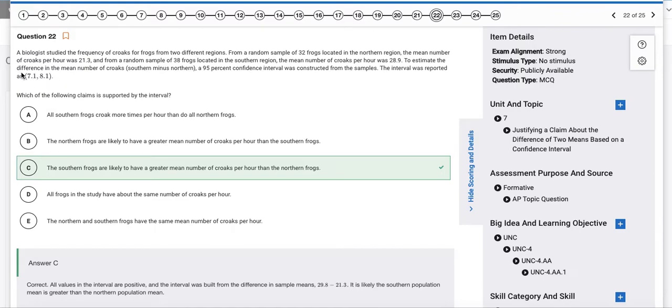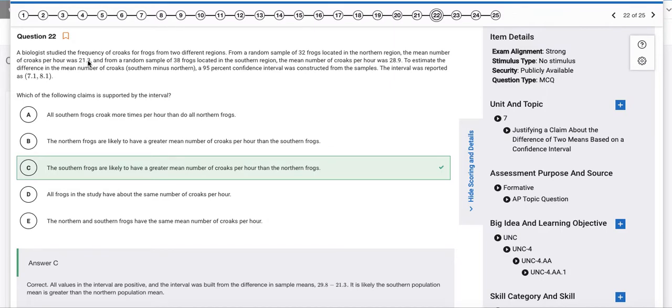So since our entire interval is positive, what that means is that there is evidence, right? It's likely that the southern frogs have more croaks than northern frogs because look, we did southern minus northern. Our southern croak number was 28.9 and our northern was 21.3.